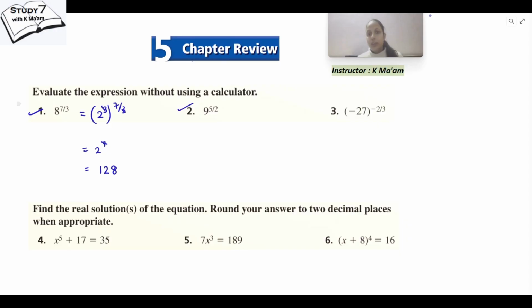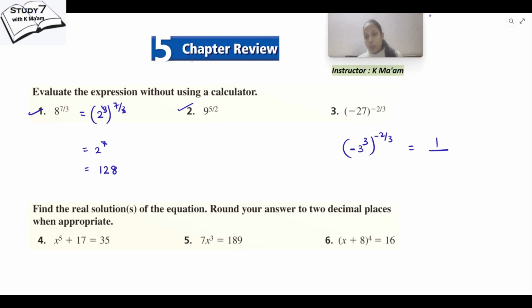Look at this question number 3. Minus 27 to the power minus 2 by 3. 27 can be written as 3 power 3 outside. Then whole power negative 2 by 3. Whenever the power is negative, it means the term goes in the denominator.